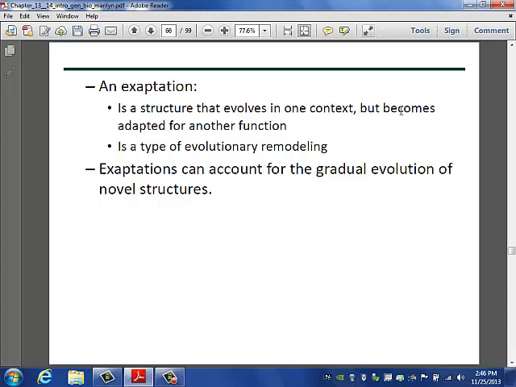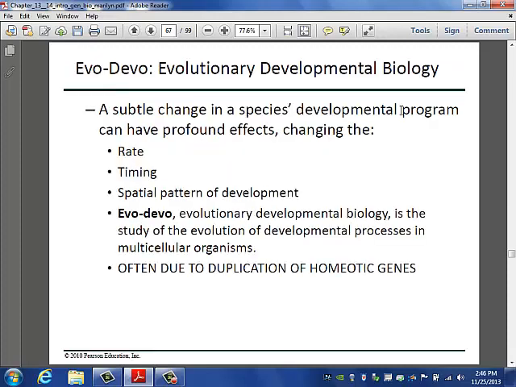They can account for the gradual evolution of novel structures. And again, wings or fins fall into this category. Subtle changes in a species' developmental program can have profound effects, changing the rate, the timing, the spatial pattern of development.